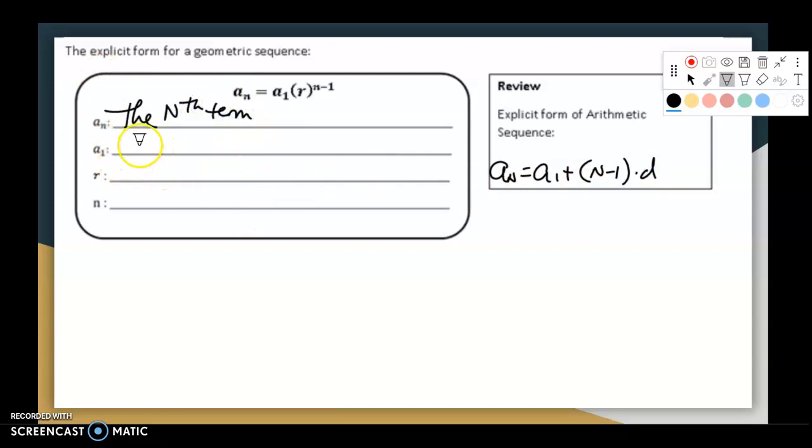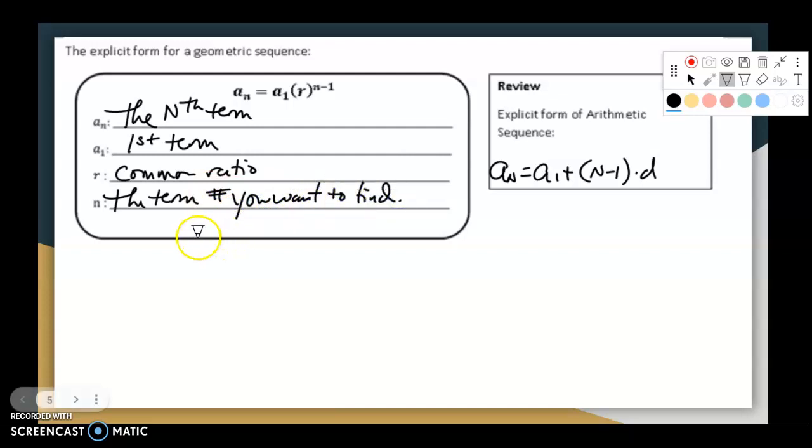That's the one you want to find. a1 is the first term. r is the common ratio. And n is the term number you want to find. Okay, that's the formula we're going to use for a geometric sequence.